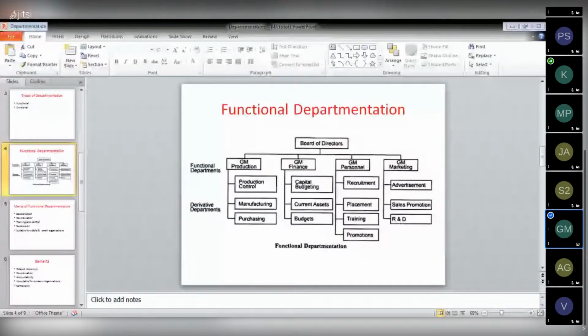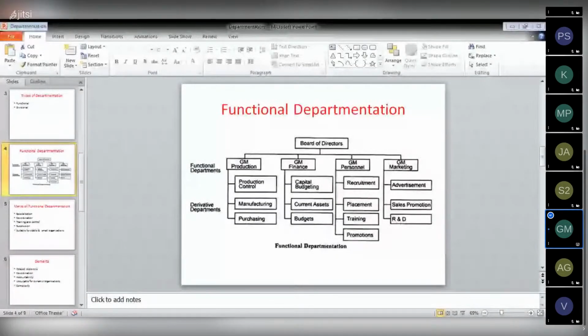Electrical is different and intangible products are different. Suppose you are the product manager, how do you understand all these products? Very difficult.